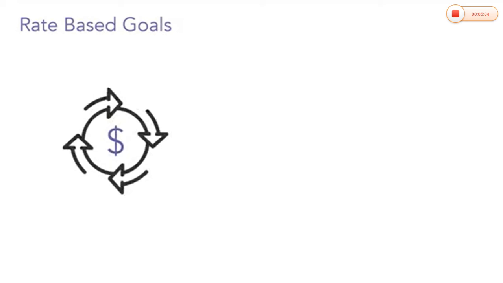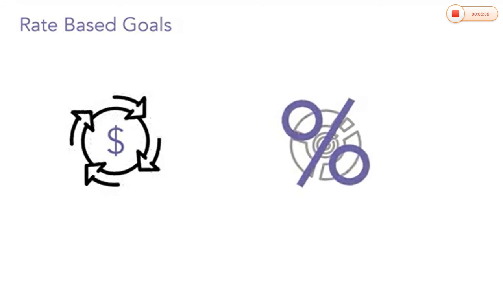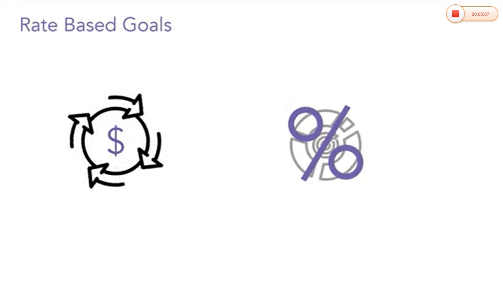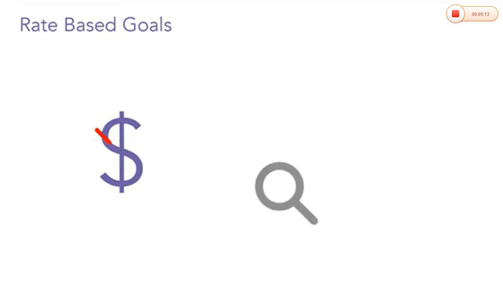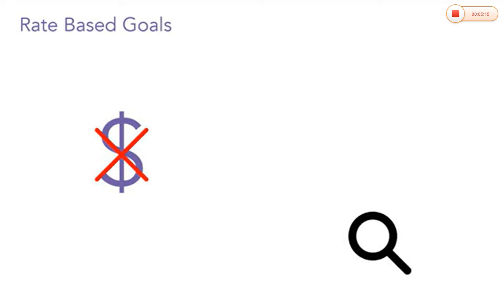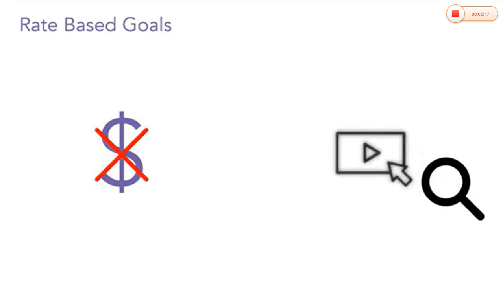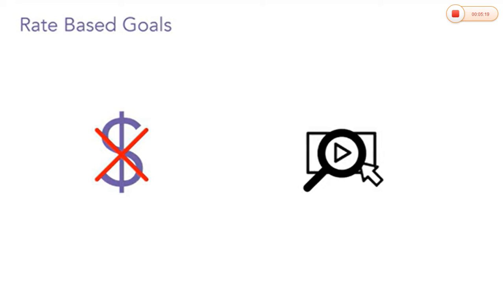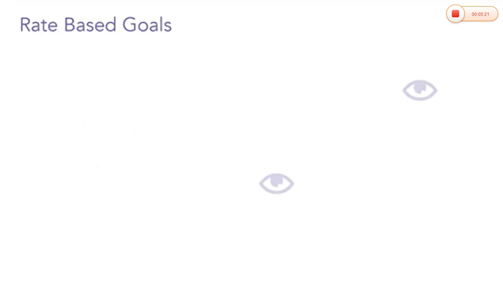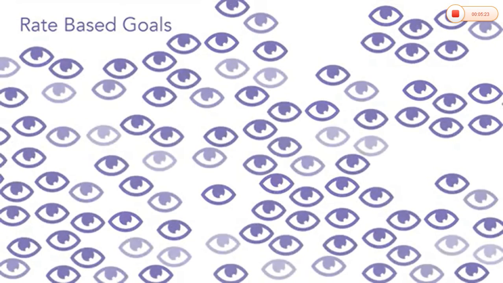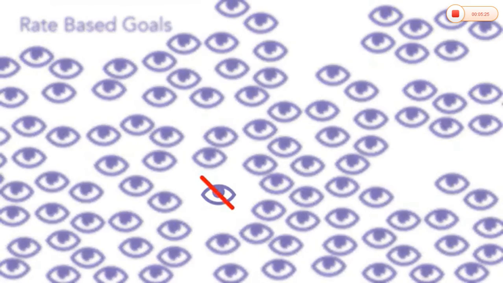For a rate-optimized strategy, the goal is a percentage and needs to be converted into a monetary goal value. Unlike cost optimization strategies, rate optimization disregards cost and only focuses on the predicted action rate of each impression opportunity. When an impression opportunity does not help meet the target rate, the brain passes on it entirely.